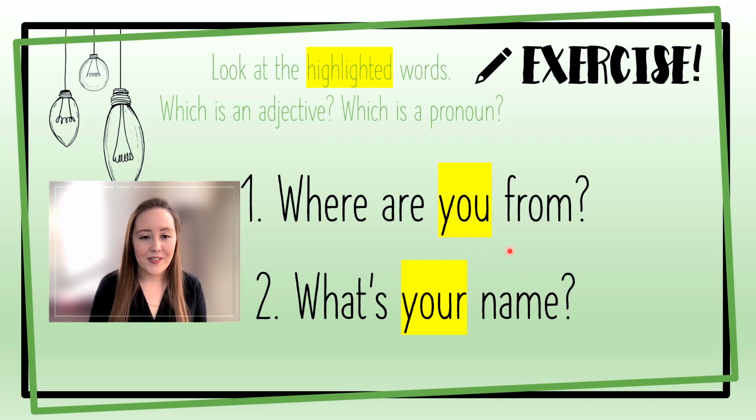I think you've got it. Well done. You is a pronoun. We did this in a previous lesson. I will link it above. So you is the pronoun and your is an adjective because your name, it belongs to you. It describes your name. Well done.